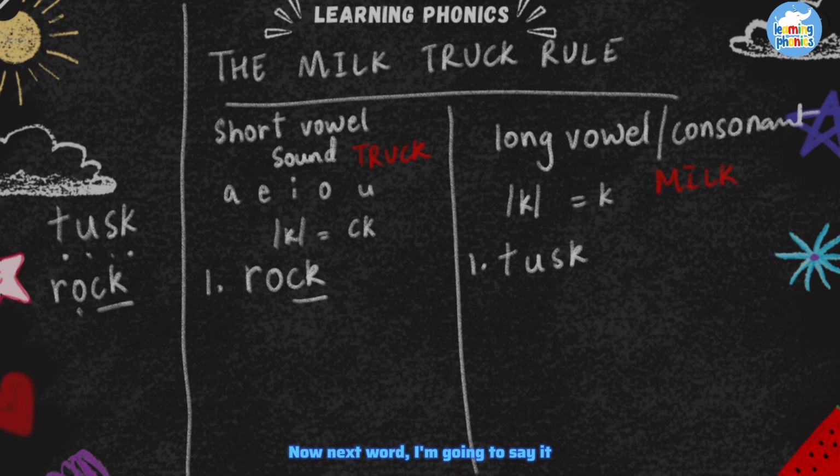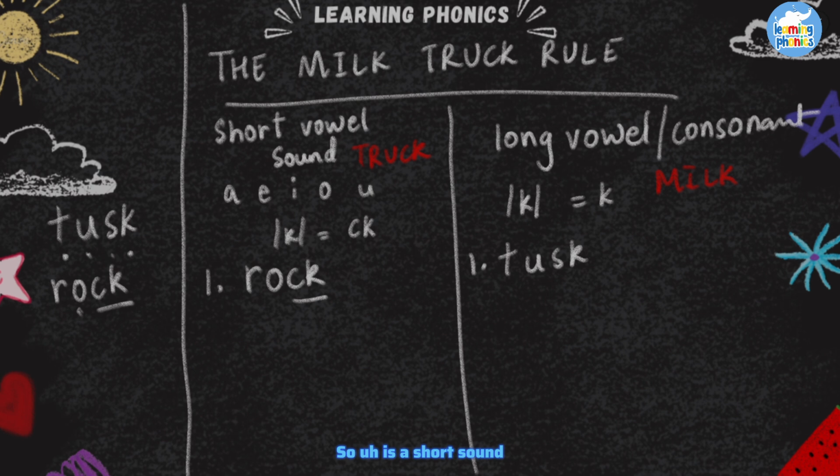Now the next word, I'm going to say it, you're going to hear it, and then you're going to tell me, okay? The next word is duck. So what sound can you hear before the k sound? Is it a short sound or a long sound or a consonant? So d, u, k. So before k there is u. That is correct.